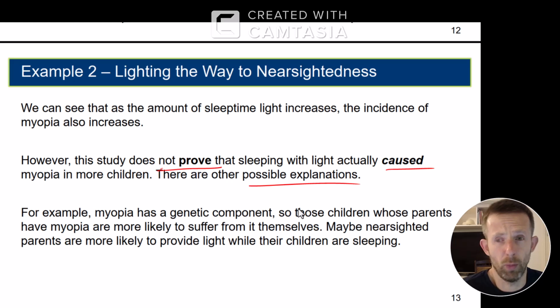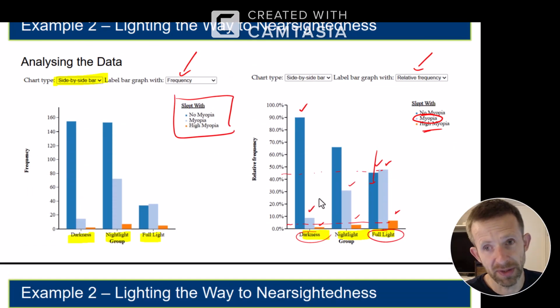But for now, we don't know. It's some sort of potential correlation, some sort of association. We can't say that one thing caused another, but there is something going on here.